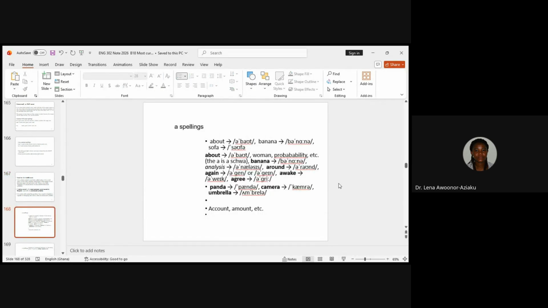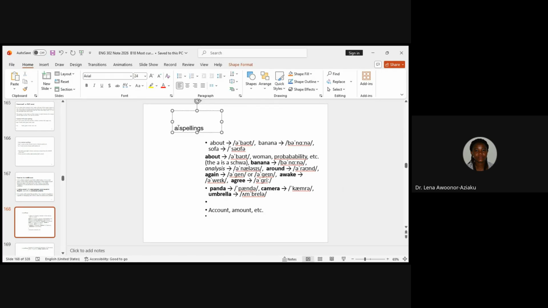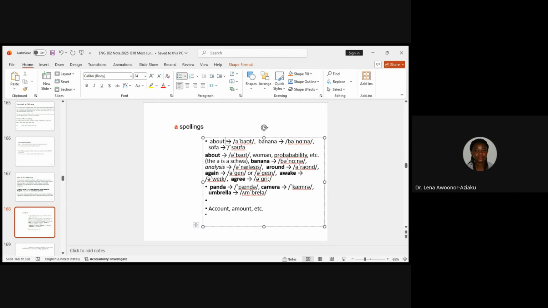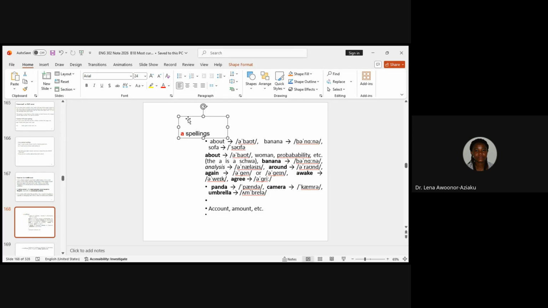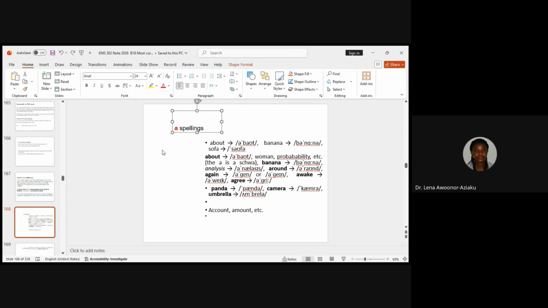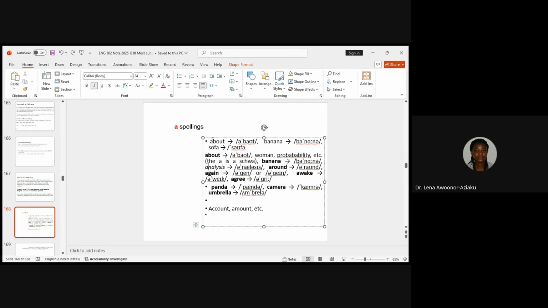So we have spellings like A. You see, this A spelling can change to schwa. So the spelling like about, it is this A. Have you seen that it's become a schwa?